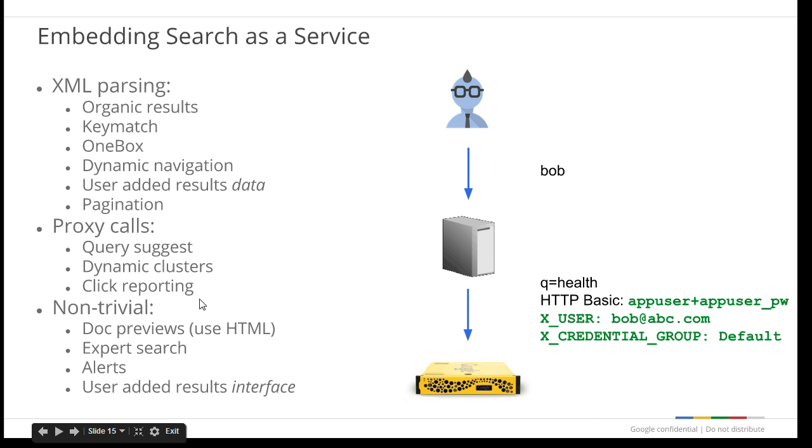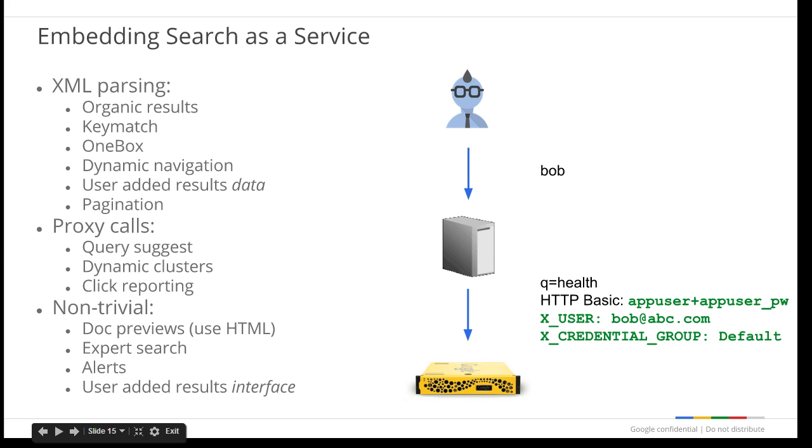Your application will have to host those interfaces as well. Three examples of this: query suggest, dynamic clusters, and click reporting. Advanced search reporting is the formal name for this on the appliance, which is tied in with the self-learning score.